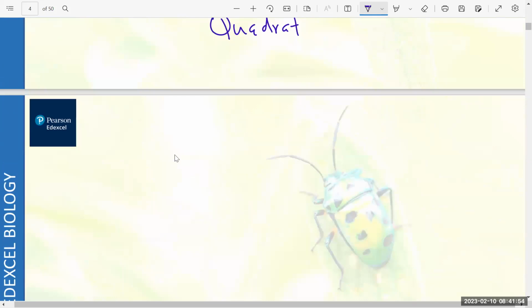When it comes to an ecosystem, let's assume one ecosystem is like this, and the second type is like this.